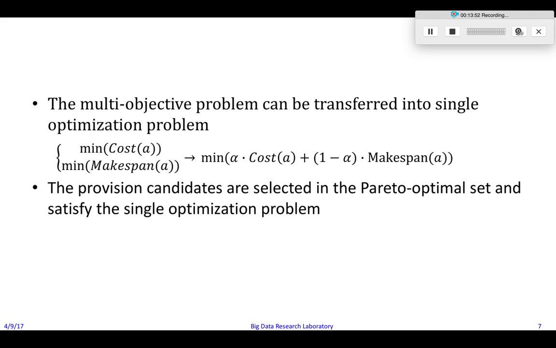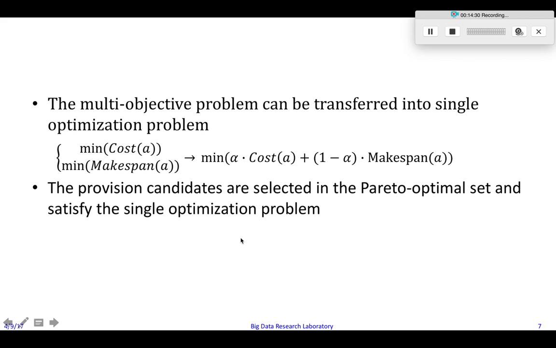Then we can transfer the multi-objective problem into a single objective problem with a trade-off parameter alpha, and alpha can be changed between 0 and 1. So if we can find a minimum value with this function using the limited searching space, the problem is easy to solve.